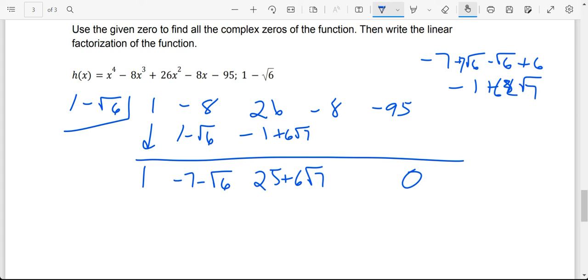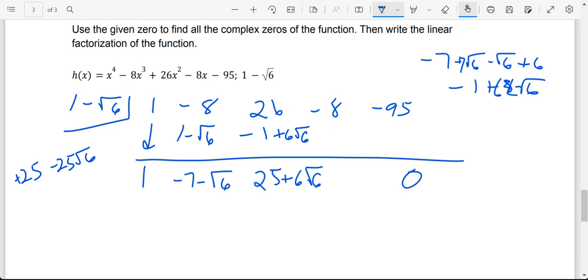FOIL it. Go to the side here. Get negative 25. Oh, positive 25 actually. Minus 25 root 6. Just realized my mistake. It should be root 6, not root 7.